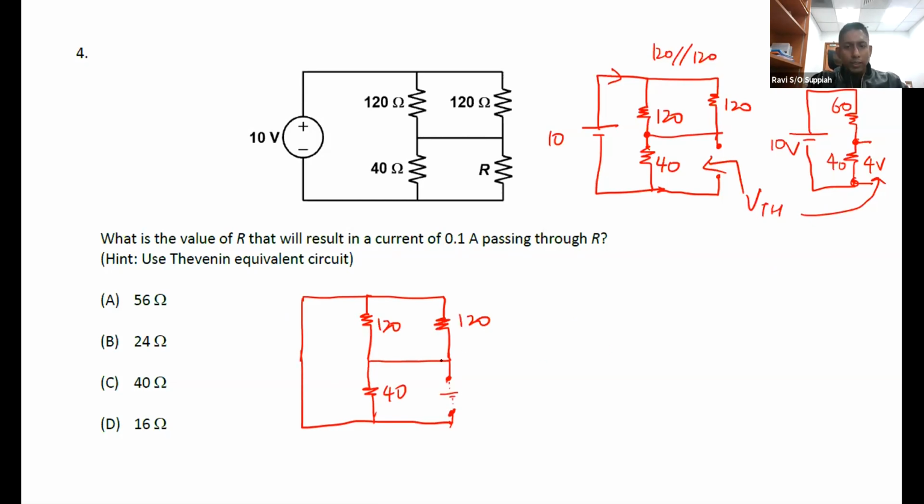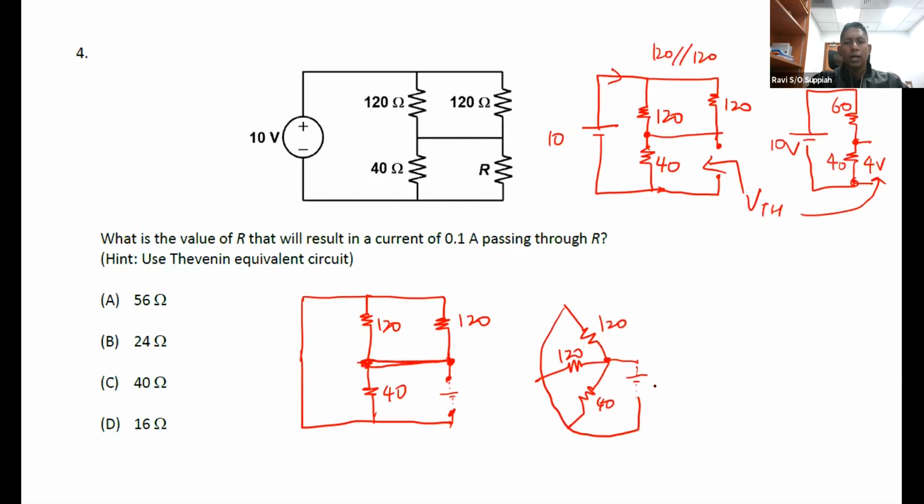So when the current comes in, this point and this point, as you can see, is a short circuit here. That means they are both the same point, right? You can redraw it, where this imaginary supply is connecting to a point where you have 120, another 120, and then another 40, and all of them coming back over here.